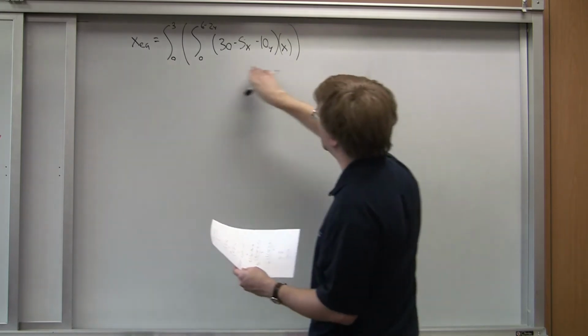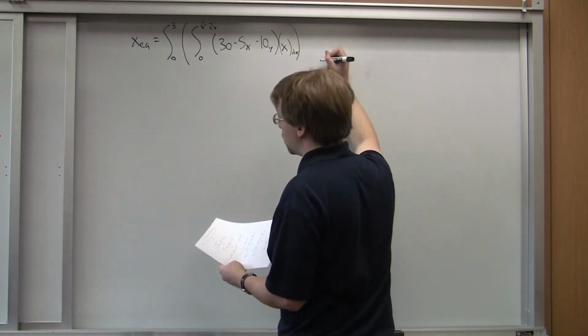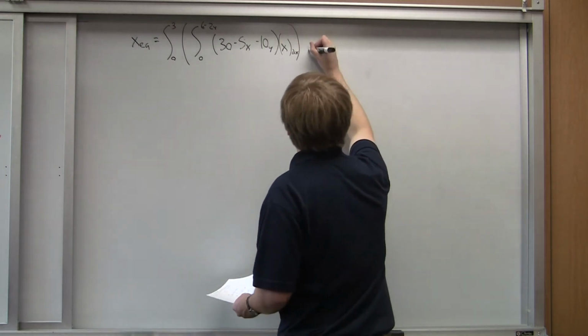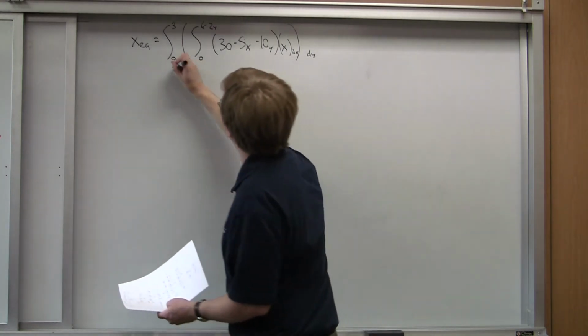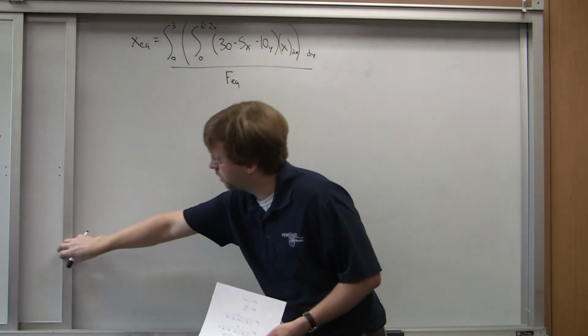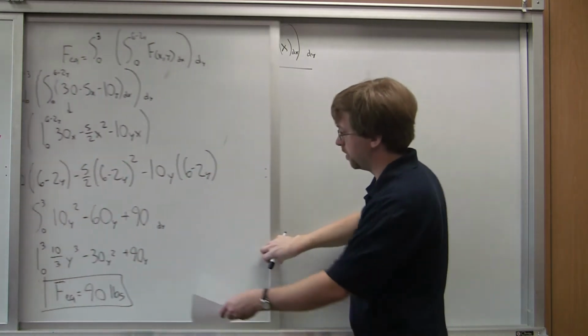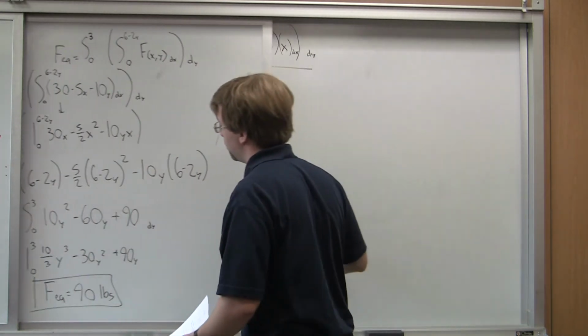So the inner integral is with respect to x, and the outer integral is with respect to y. And this whole thing is going to be divided by FEQ, the 90 pounds that we just found, the magnitude of our equivalent point load.